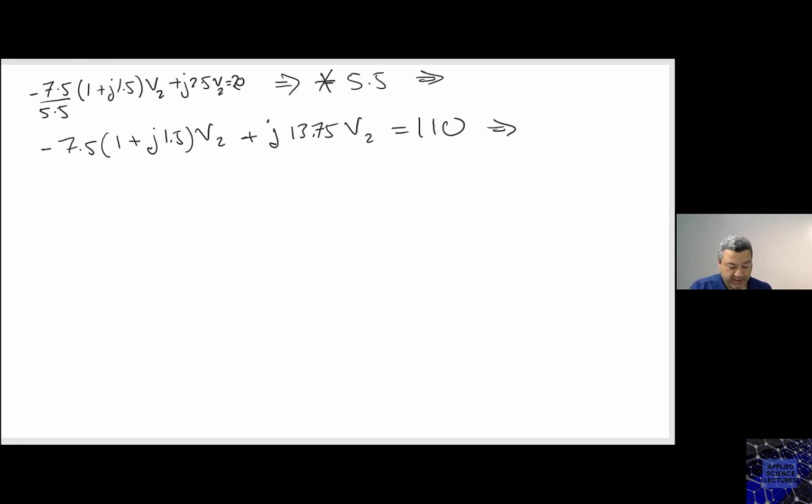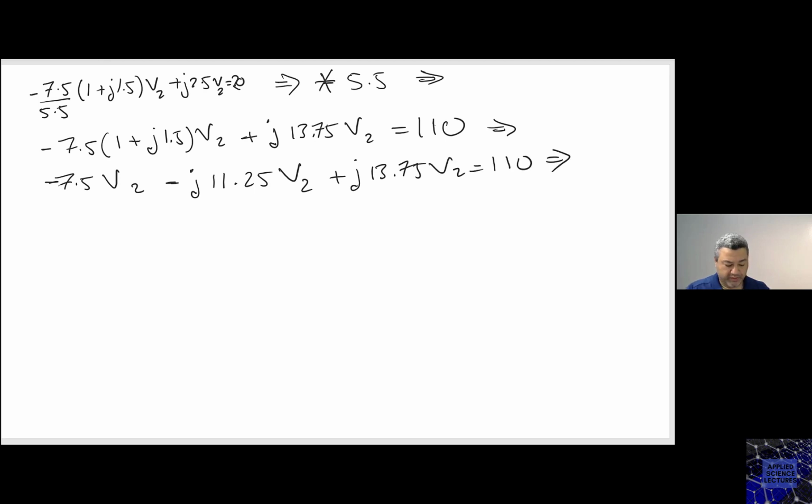So minus 7.5 V2 minus j 7.5 times 1.5 is 11.25 V2, plus j13.75 V2 plus 110.